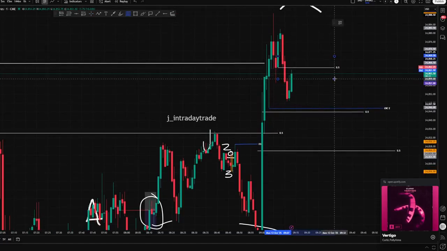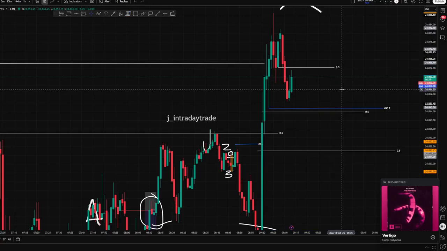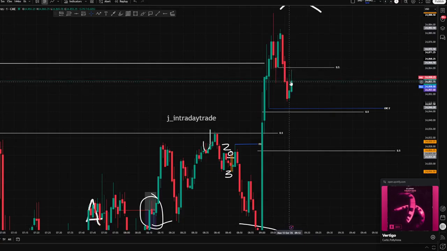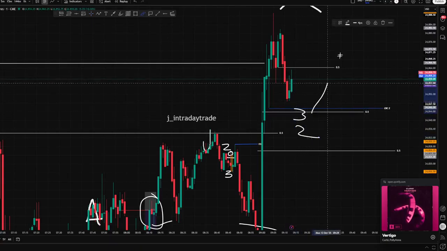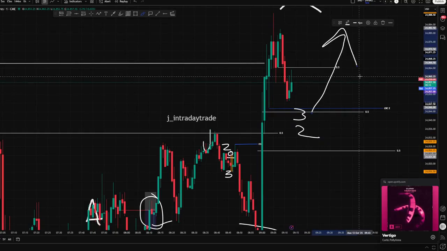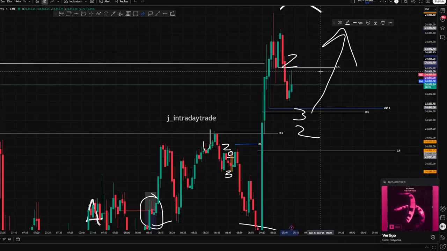See if it gets the reaction away from here. I would actually prefer it not reaching that 50 and just drop down from here immediately now. That would create that 3 inside that 2 to head back up. And then have that 2 sitting here. Down, down.